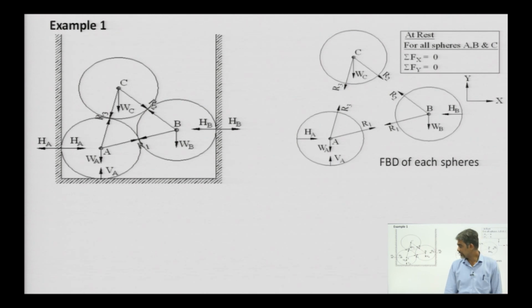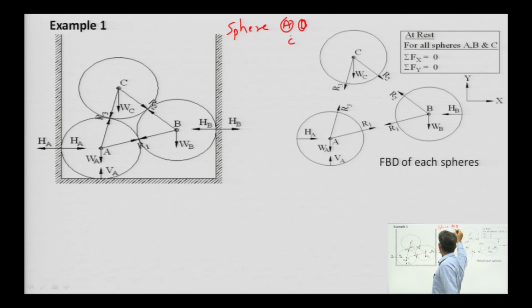Next, you tell me which type of structure it is. In this figure, three spheres A, B, C are placed in a frame.